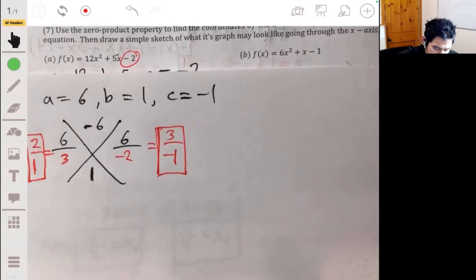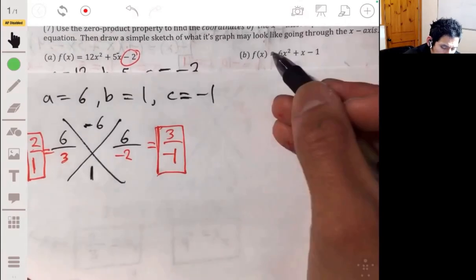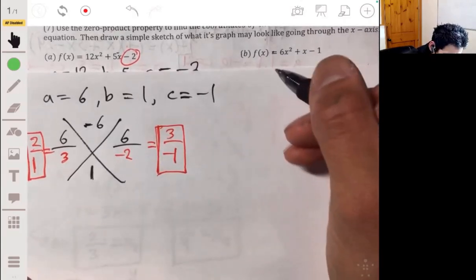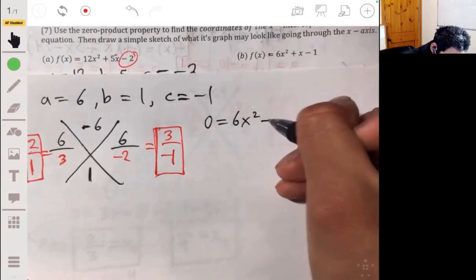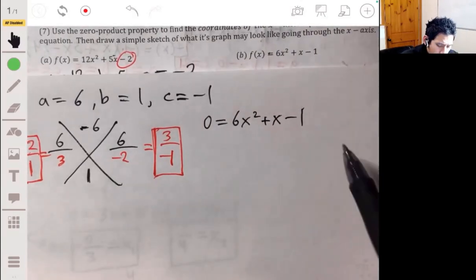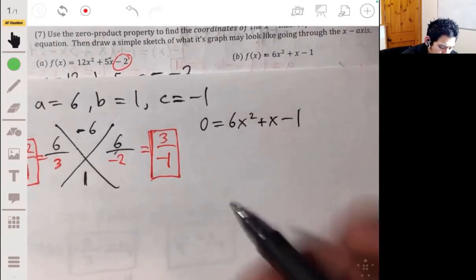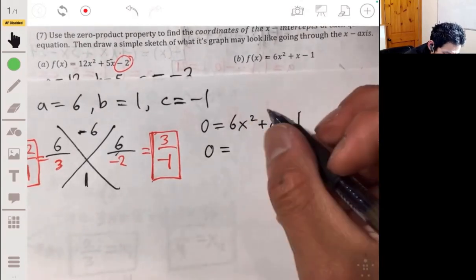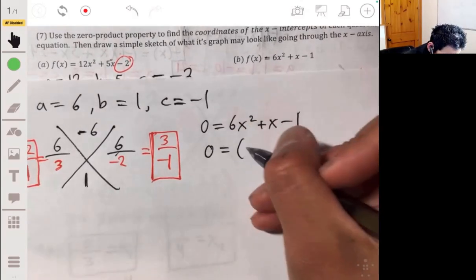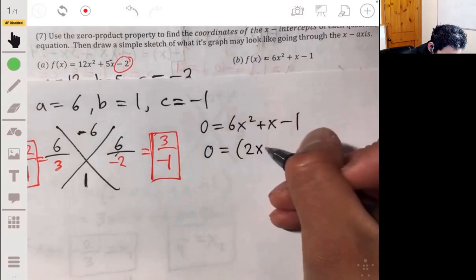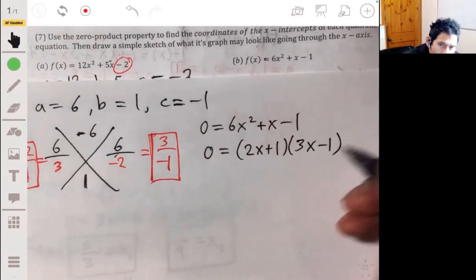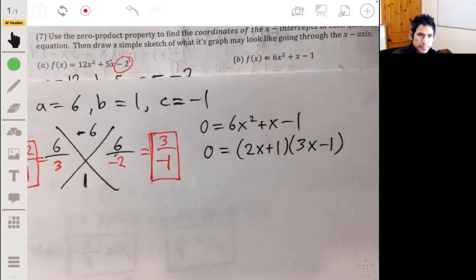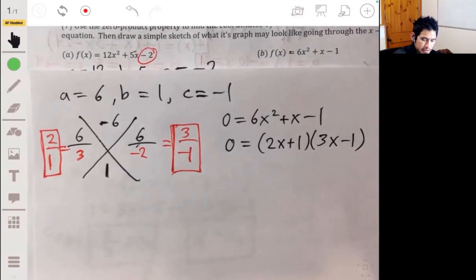So what we do is, remember, set this equal to 0. To set f of x equal to 0, we'll have 0 equals 6x squared plus x minus 1. Use the power of factoring to solve this: 0 equals 2x plus 1 times 3x minus 1. You have your two equations that you want to solve.